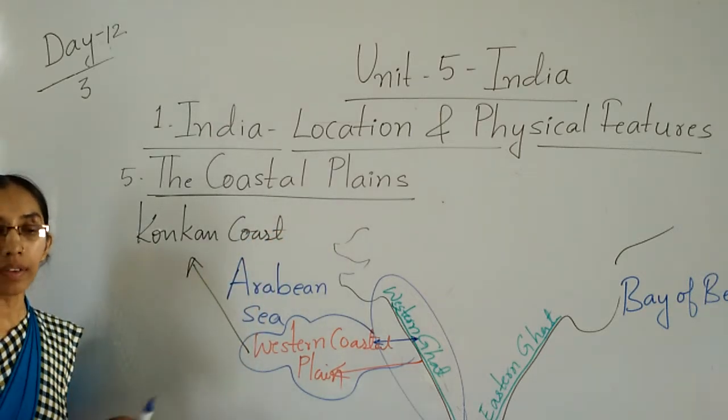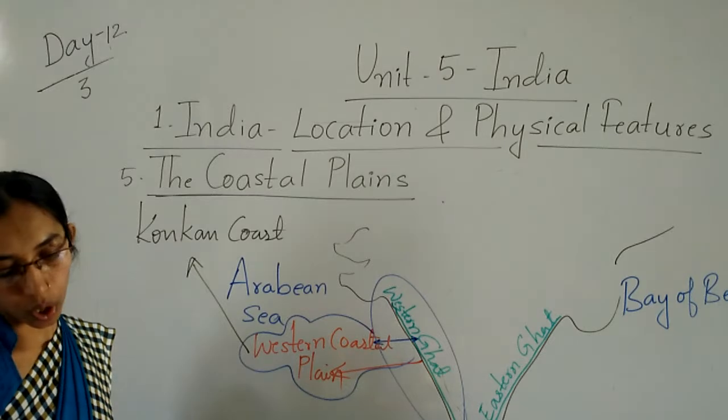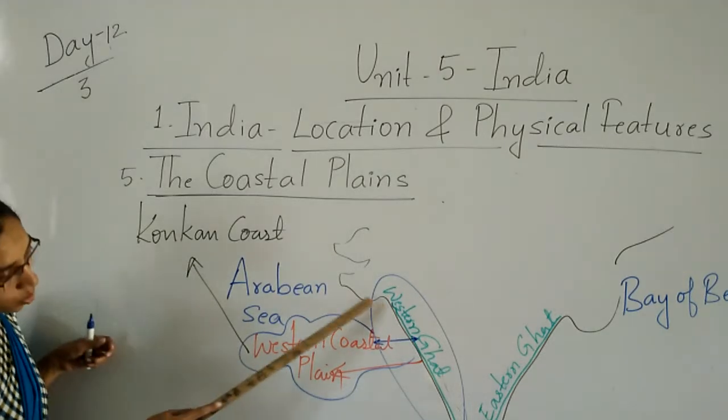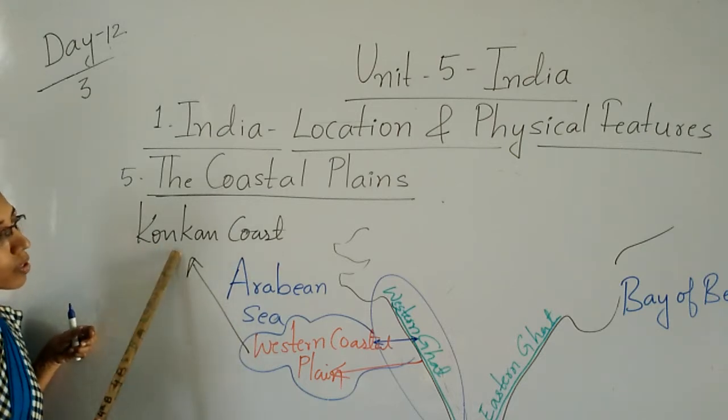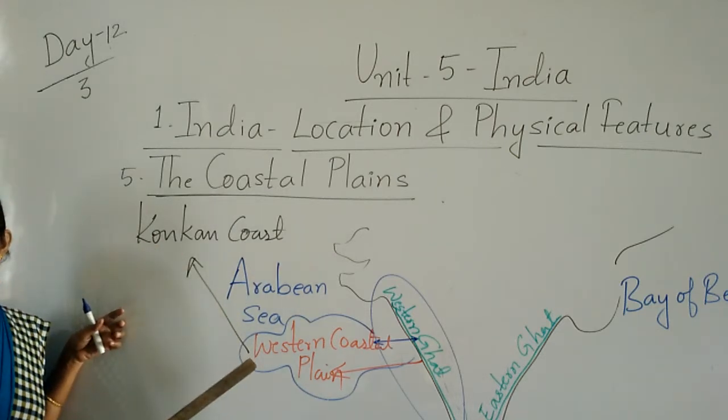What is it called? It is called the Konkan coast. So the western coastal plain is also called the Konkan coast.